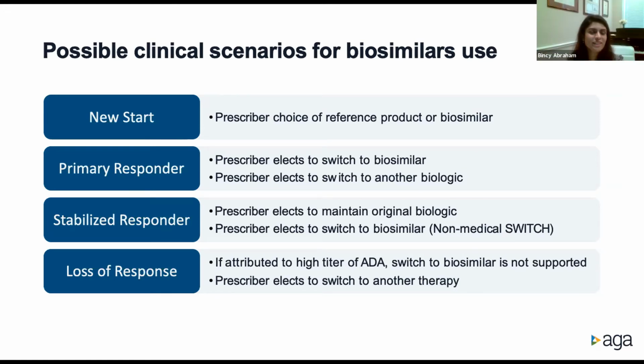That was in our Louisville ACG conference. Yes, that was actually a true scenario where the patient got initial induction as an outpatient with Remicade, the originator biologic, and then got to the hospital where they only used the biosimilar.